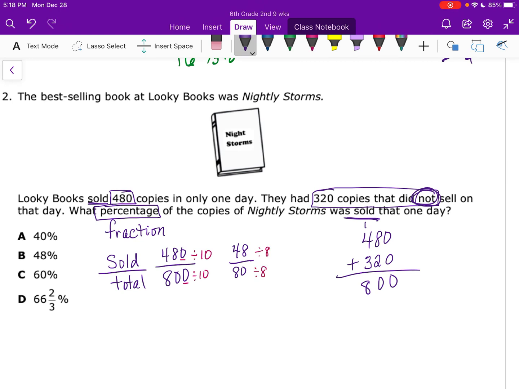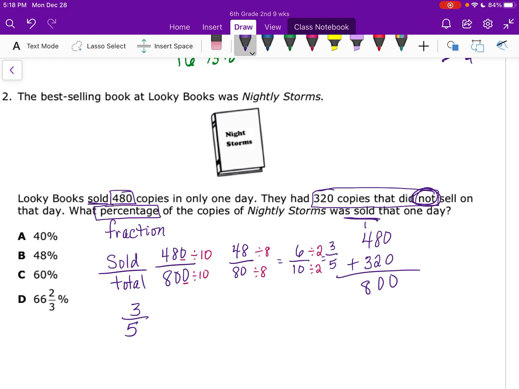And that's going to be 48 divided by 8 is 6, and 80 divided by 8 is 10. Can we simplify again? Yeah, I think by 2, right? Because they're both even. So if we simplify by 2, that will be 3/5. Okay, so our fraction is 3/5.